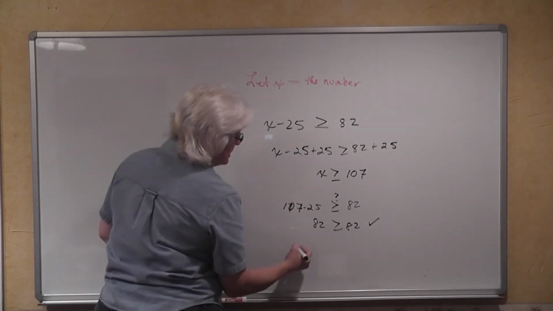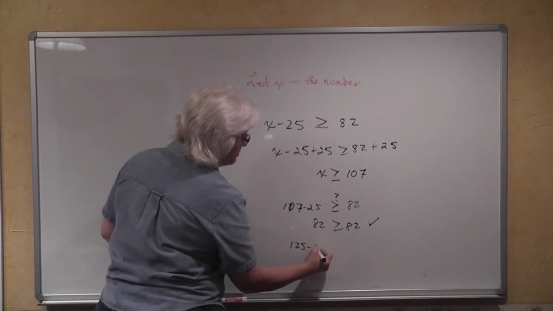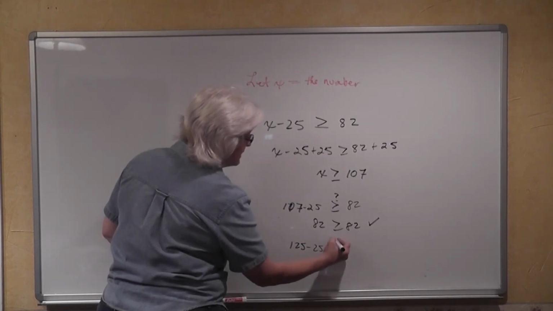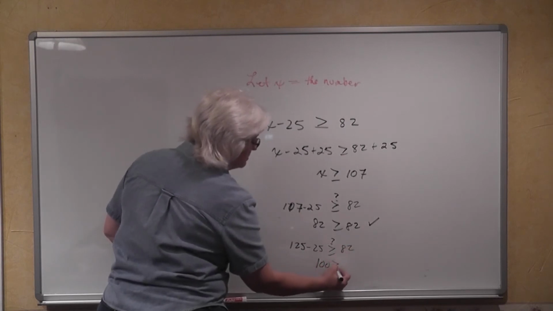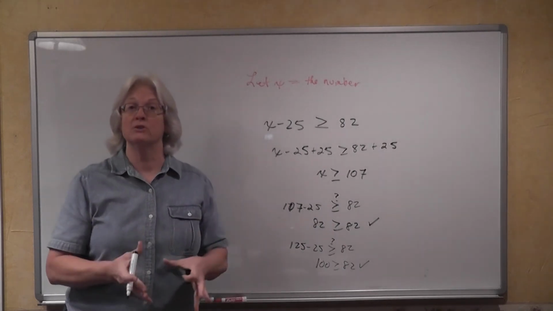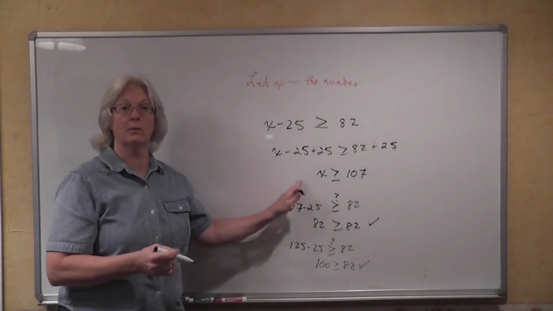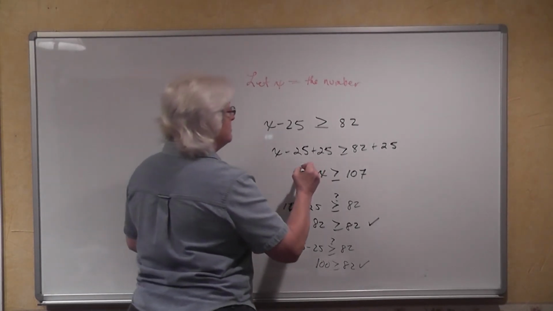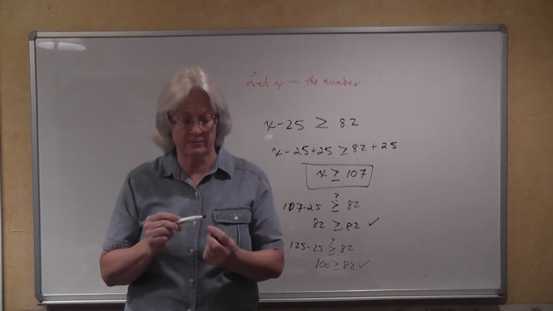And then let's say 125. Is 125 minus 25 greater than or equal to 82? Well, yes, of course, 100 is greater than or equal to 82. So our solution now to how we changed the problem would be x is greater than or equal to 107.